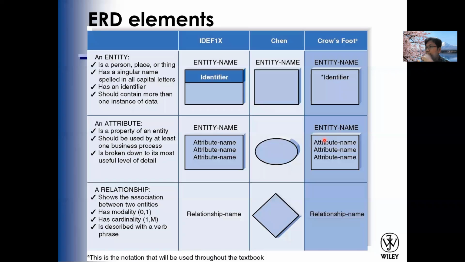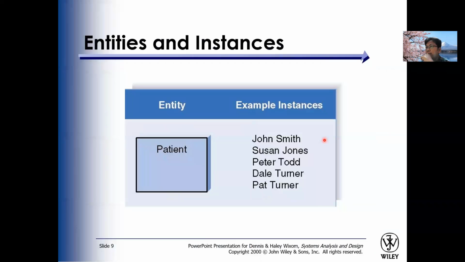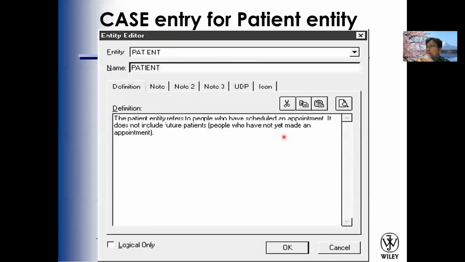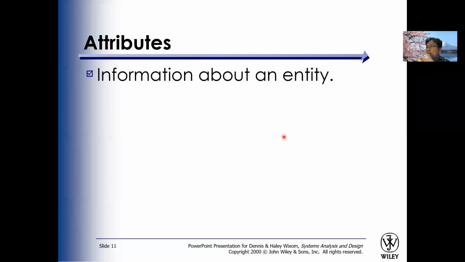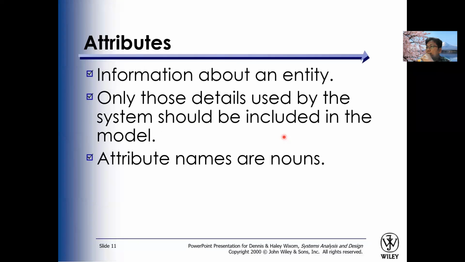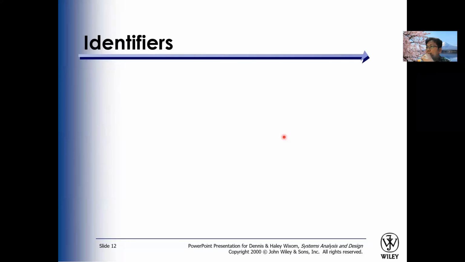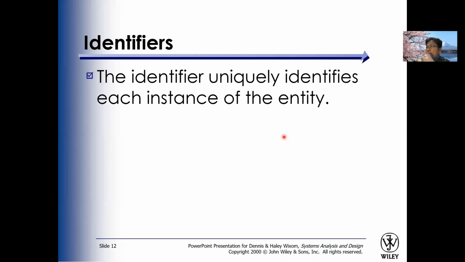Maybe in the next slide we can give the example. Such an entity example, an instance. This is a record. This is the attribute information: name, ID, and the identifier is unique.